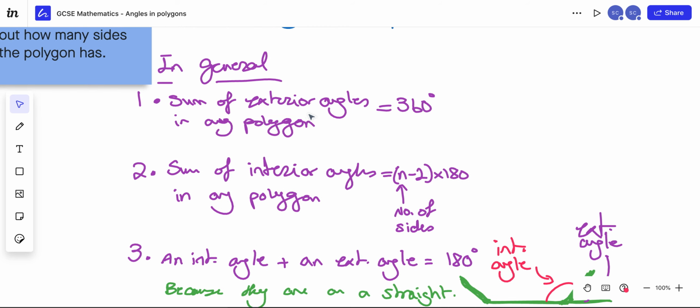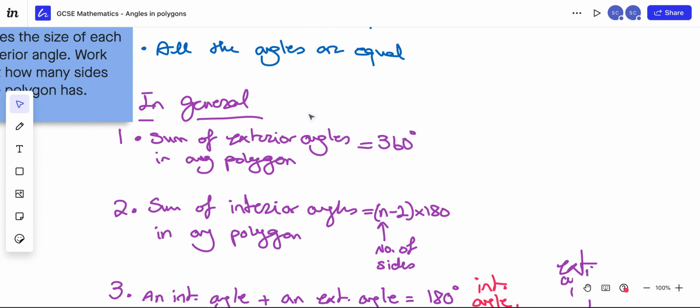In a regular polygon the number of sides can be calculated using the sum of exterior angles, because in polygons in general, the number of exterior angles equals the number of interior angles equals the number of sides. This fact is really important and useful.